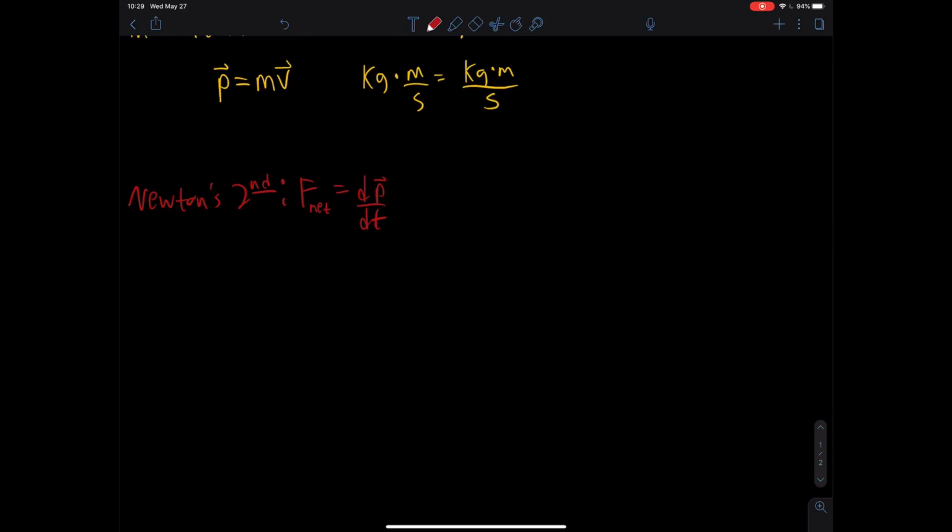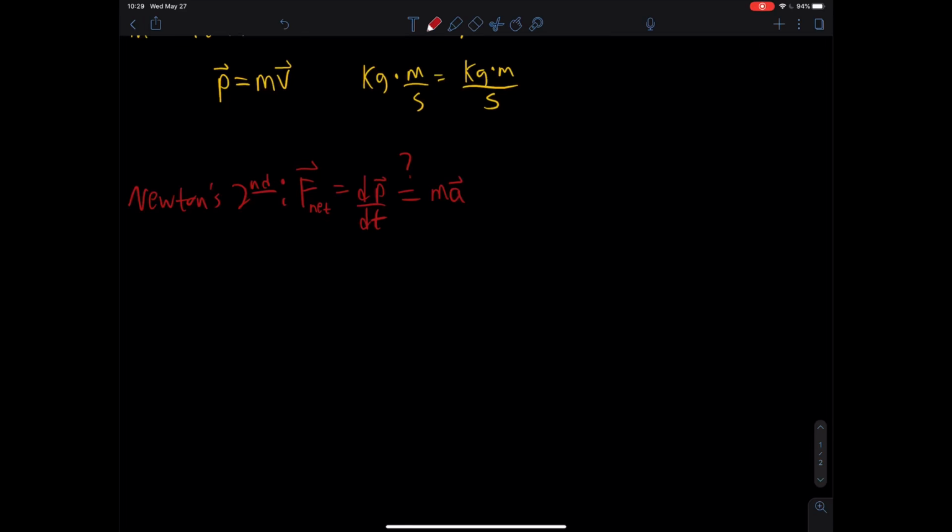And you may be asking, how does this get back to ma that I'm used to? Well, let's take a look at that. First off, force has a direction. If it's the derivative of a vector quantity, the force is also a vector quantity. And of course, we know our acceleration is a vector quantity.